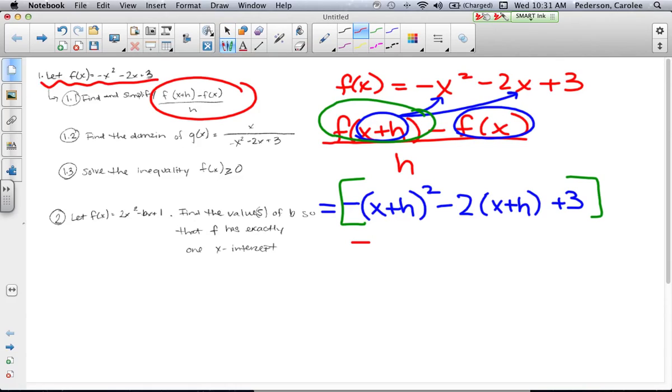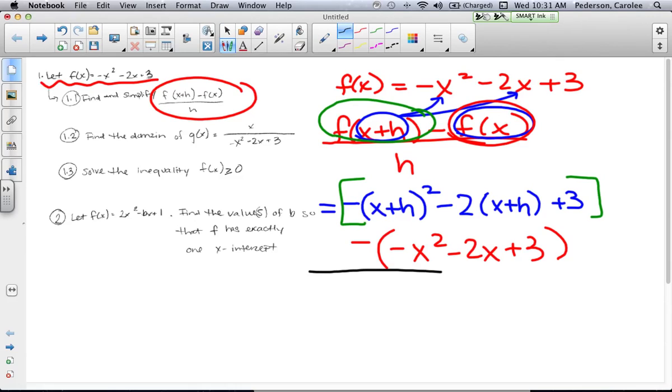Now minus, this is still the numerator, I just kind of run out of room here, minus the function. So the function is minus, and then minus x squared minus 2x plus 3. So I just took care of that piece. And then all over this h.